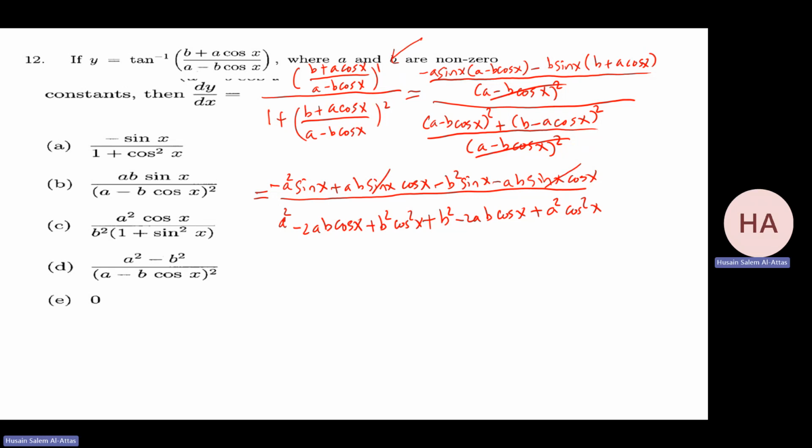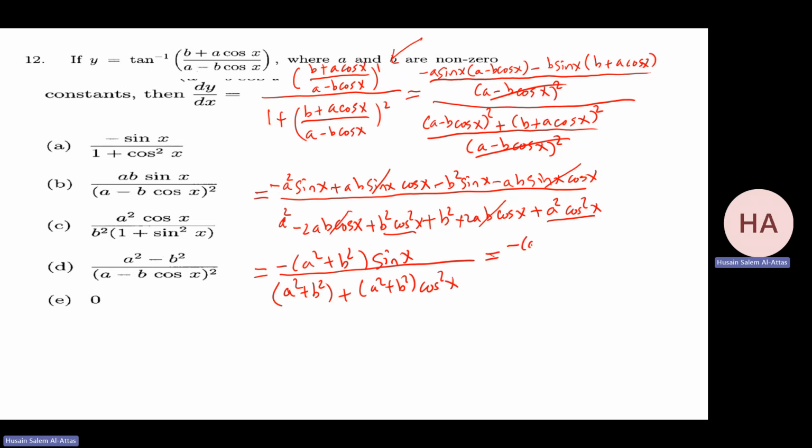Oh, sorry, this is b plus a. This is plus. So this is plus, so this is cancelled. So what do we have? We have minus a square plus b square sine x over what we have there. I have a square plus b square, plus this with this, a square plus b square cosine square x.